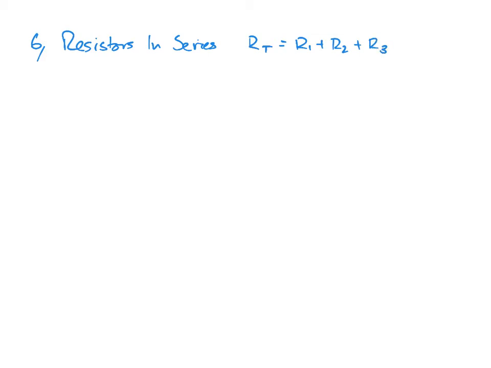Okay, so for resistors in series, very simple. The total resistance is what you get when you add them up. I don't think I really need to give you a worked example on that. I think you'll be able to sort that one for yourself.